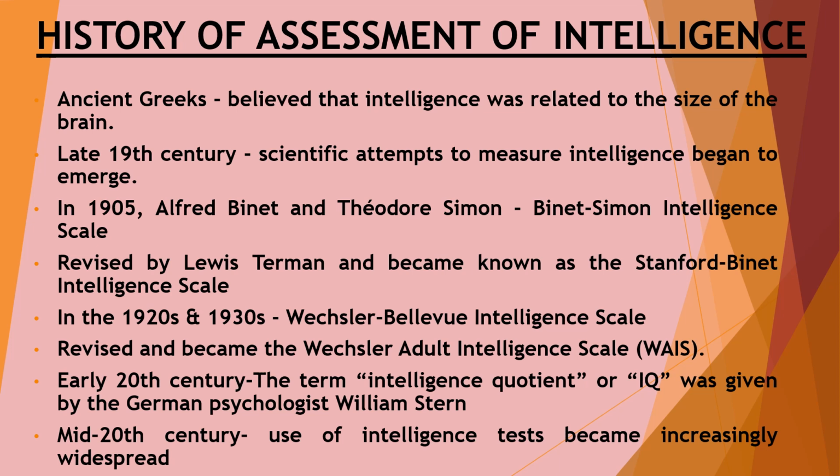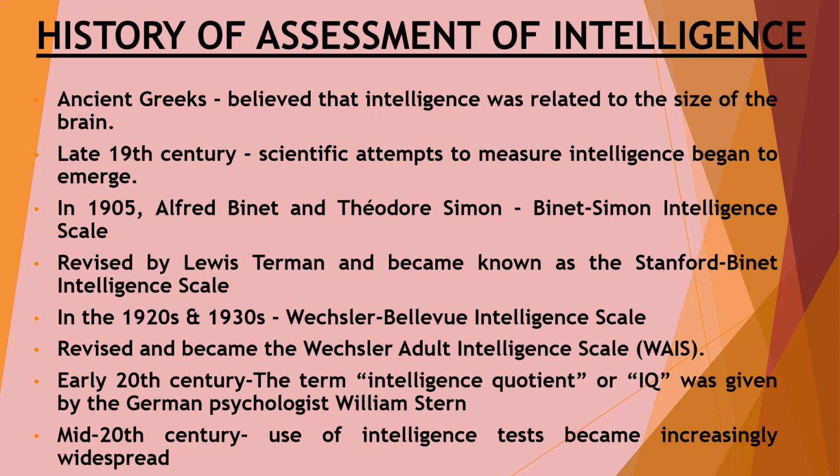These tests were based on the idea that intelligence was composed of several different factors or abilities, such as verbal comprehension, perceptual reasoning, and processing speed. The term intelligence quotient, or IQ, was given by the German psychologist William Stern in the early 20th century.